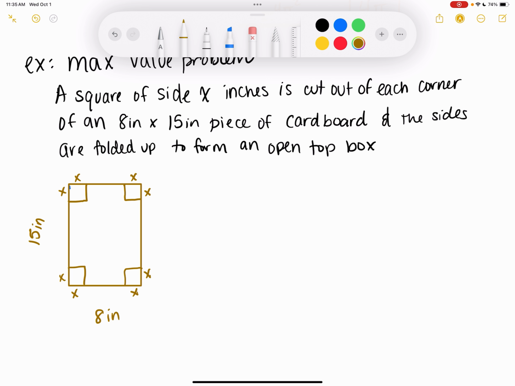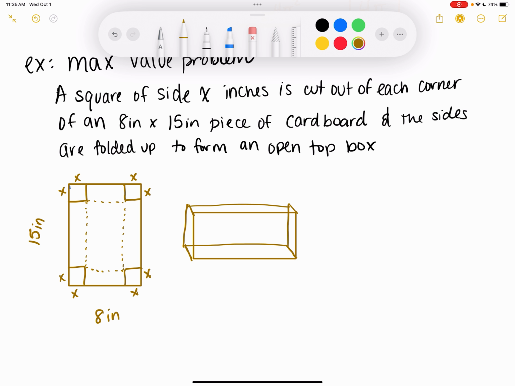And the sides are going to be folded up, so I'm going to put dots where it would be folded. So it's going to look something like that when I'm done.